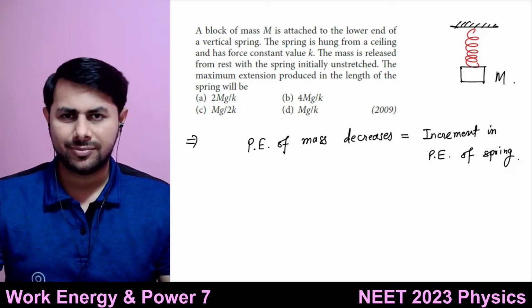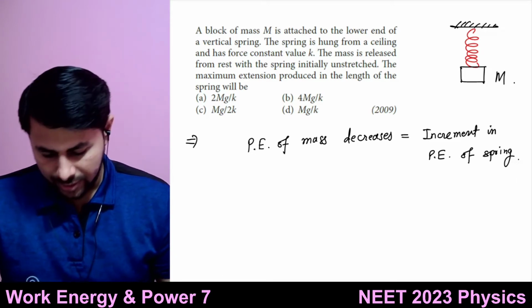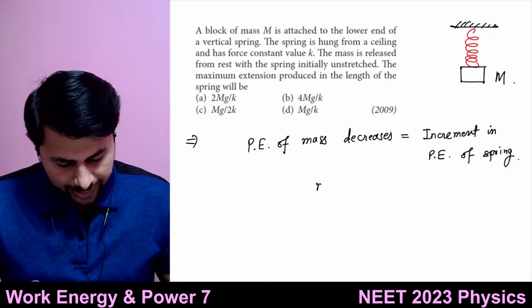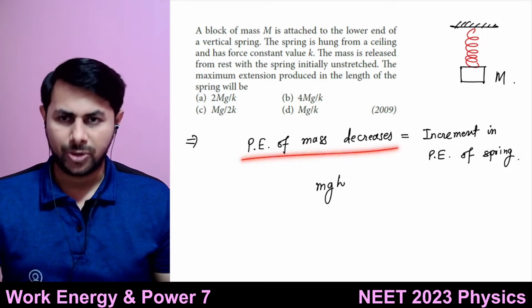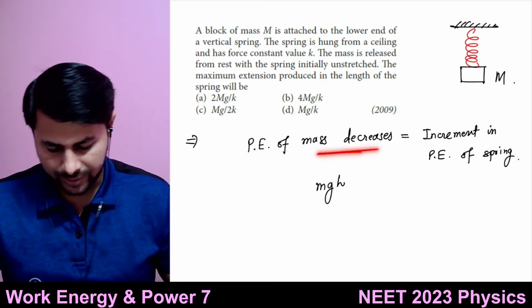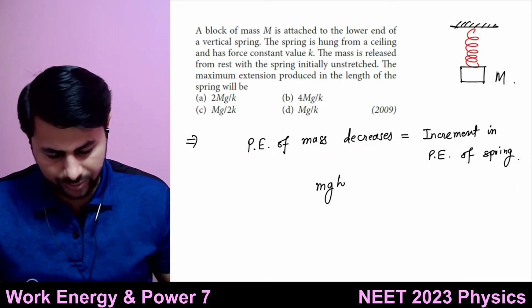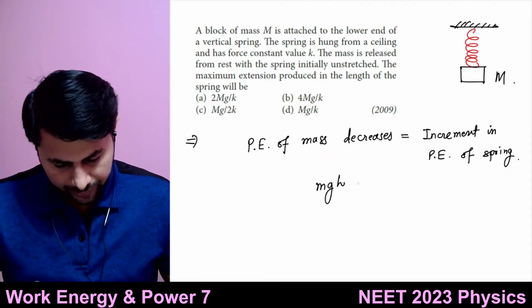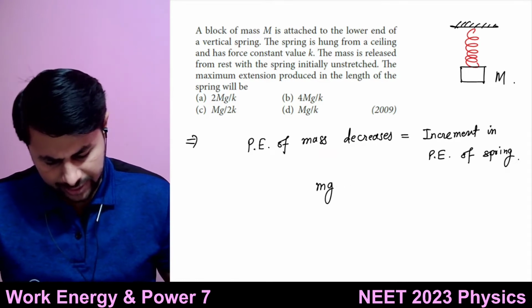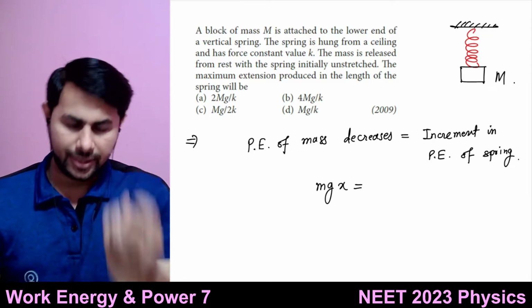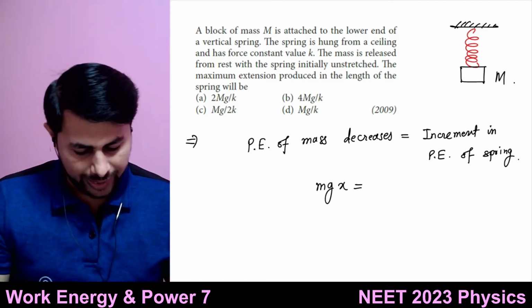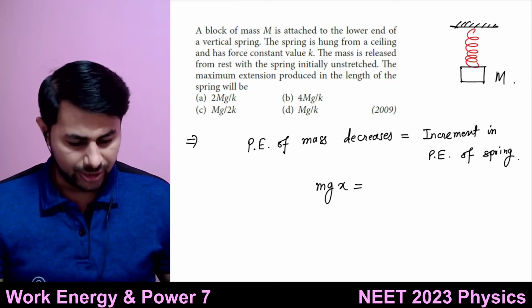So this is mgh, suppose, the decrement in the potential energy of the mass. Instead of h, let's call it x only. So mgx is the decrement in potential energy of mass.